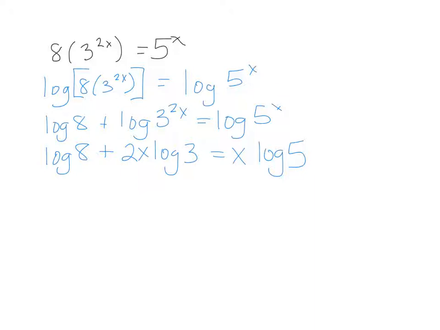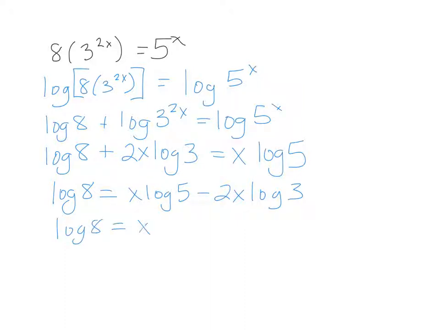So I'll go log 8 equals x log 5 minus 2x log 3. So we subtracted that 2x log 3 term. Factor out the x, so that's log 5 minus 2 log 3, and then we can solve for x by dividing by the second factor.